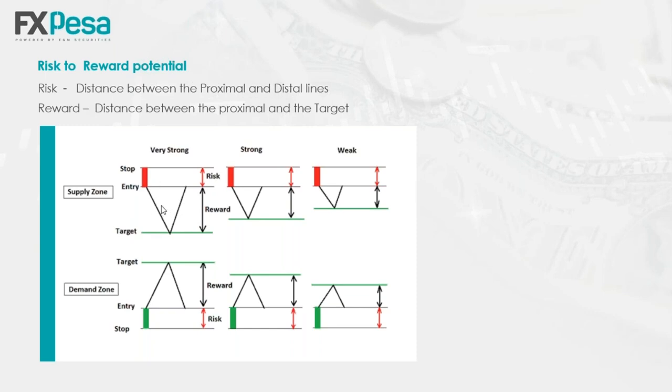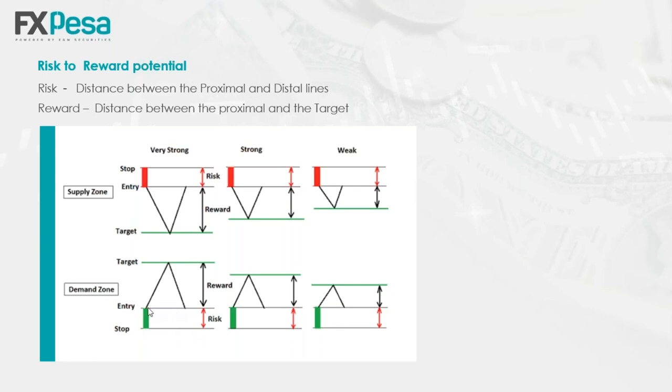So before the manifestation of the supply zone, you will measure the range of the trend that was existing prior to that, and the take profit would be the distance between the proximal line, the lower line, and the extent of that range. On the other hand, when we are dealing with a demand zone, we will have our distal line as the line on the lower side. So this is what we are calling distal line.